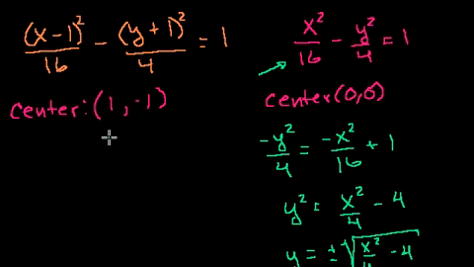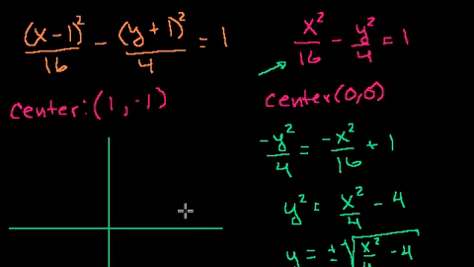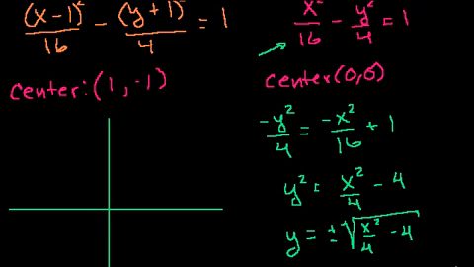So this is my y-axis, this is my x-axis. And the center is at 1, negative 1, so x is equal to 1, y is equal to minus 1. Fair enough.